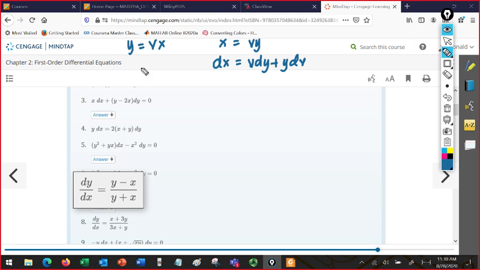So that's how we choose. By substitution, x times quantity v dy plus y dv plus y minus 2x. So, i-substitute na natin. 2vy.